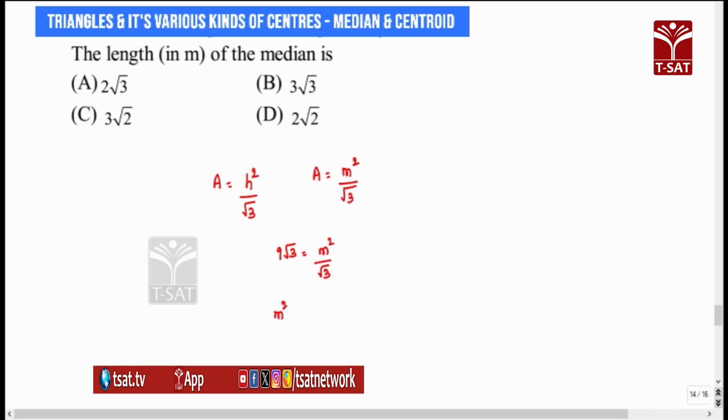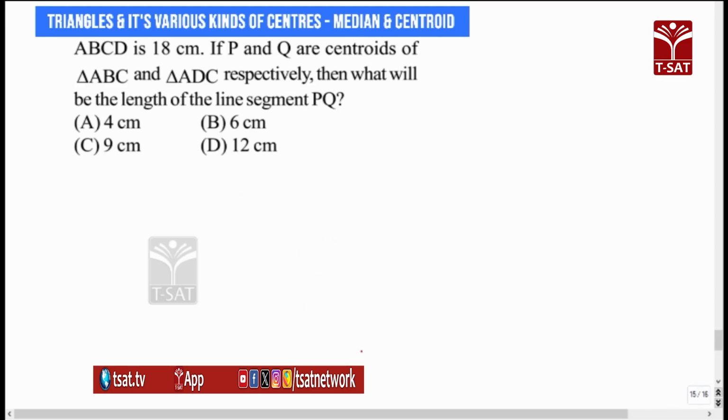Median square is equal to 9√3 into √3, which is 27. The length of the median is root of 27, which is nothing but 3√3 centimeters. So, if you want the direct formula between area and the median, area is equal to median square by √3.